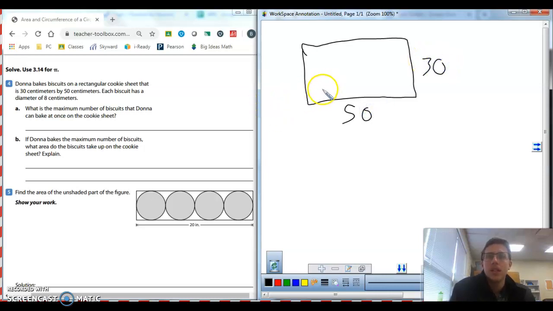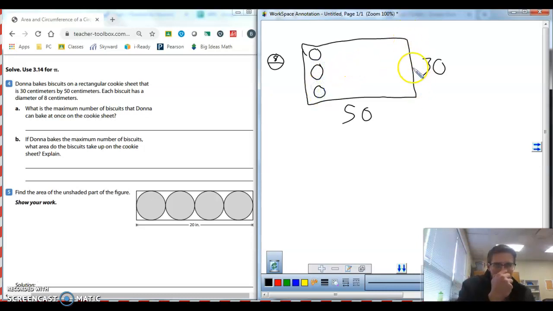Okay. So if each circle, each cookie, or biscuit I guess, has a diameter all the way across of 8, we got to think how many of these that are 8 wide can fit going up and down first. Well, you can make 3 whole out of 30 across, right?